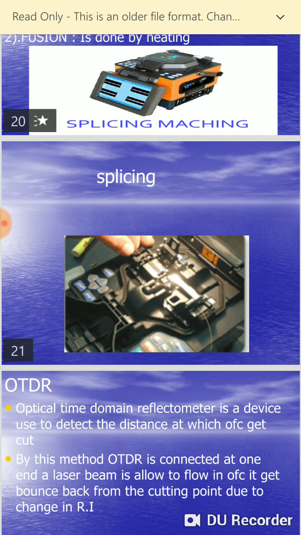We can consider this example similar to the example of a radar system. The laser beam bounces back from the cutting point due to the change in the refractive index.